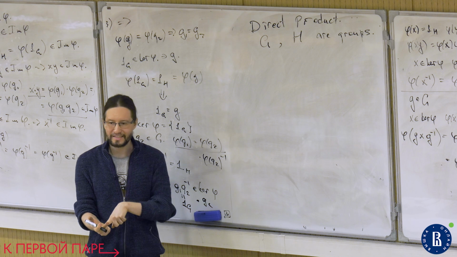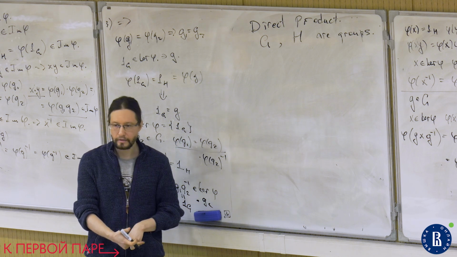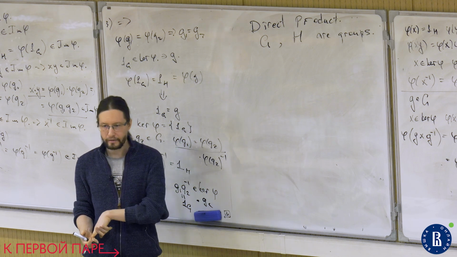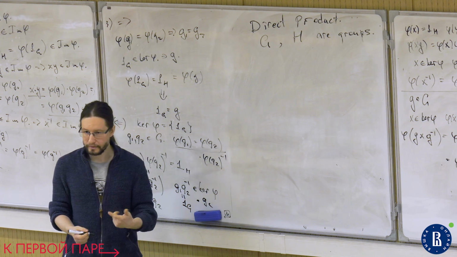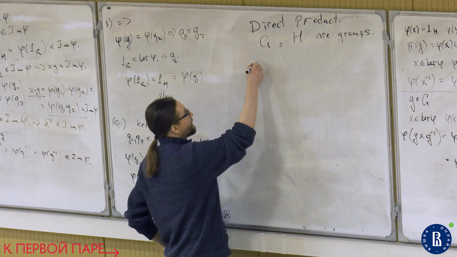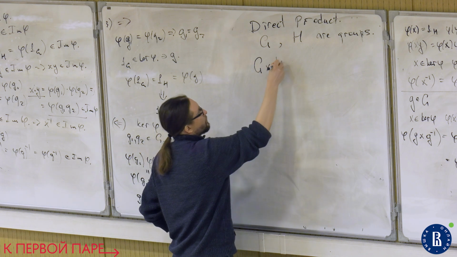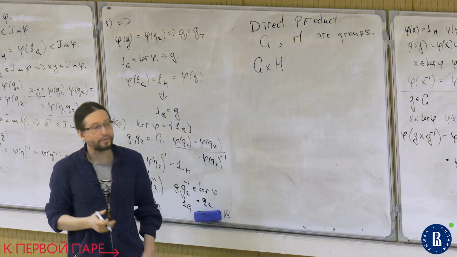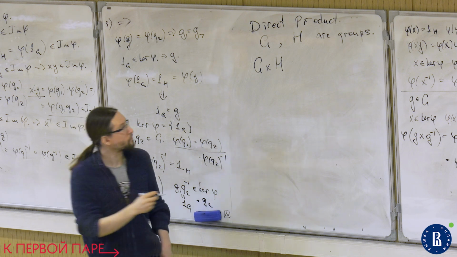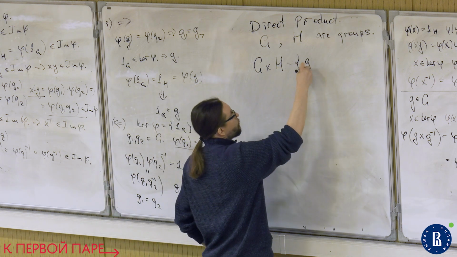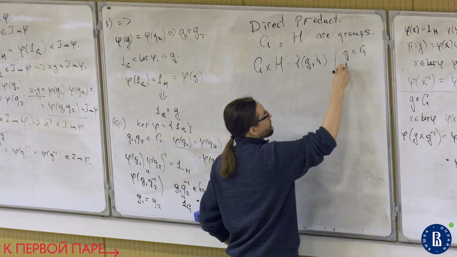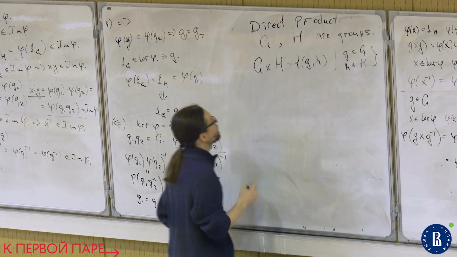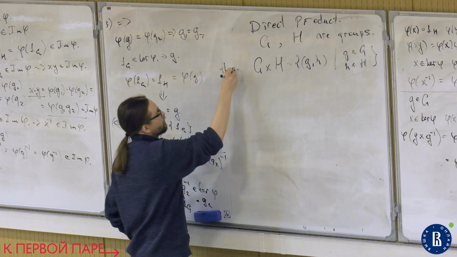Then I must define an operation on this set. And then I should check that all three axioms are satisfied. So let's start with a set. As the set, I will take the Cartesian product or direct product of two sets. So this is just a set consisting of all possible pairs (g, h), where g belongs to G capital and h belongs to H capital. So this is the set.